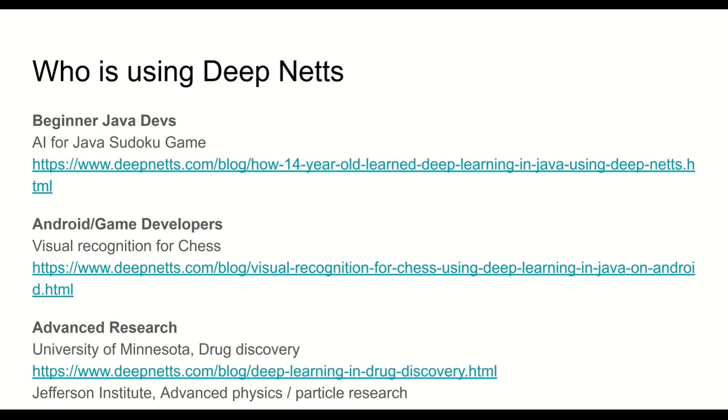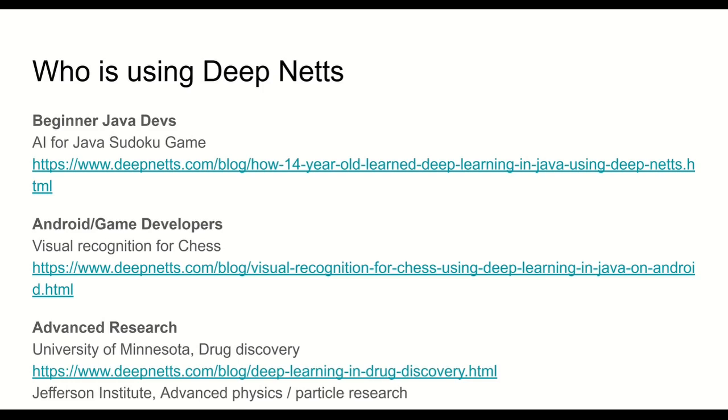It is interesting to mention that a 14-year-old boy, after learning Java during a lockdown, has used DeepNets to create AI for his Sudoku game. So this definitely shows that you don't need to have a PhD in AI to be able to use deep learning in Java.